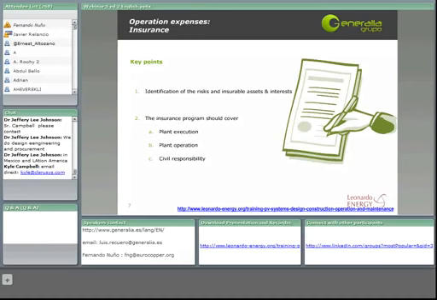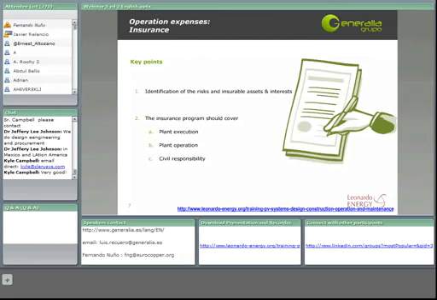Second, we have to study the expected coverage of our insurance. Normally, we should consider covering the plant execution, the plant operation, and the civil responsibility with the same insurance or with separate insurances. We will talk about it during this webinar, but it is important to know that we have to cover separately the execution and the plant operation.